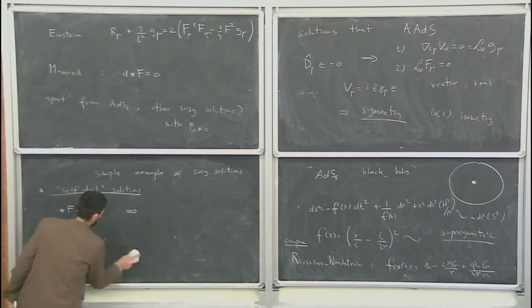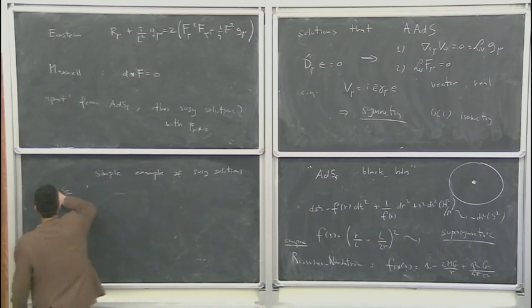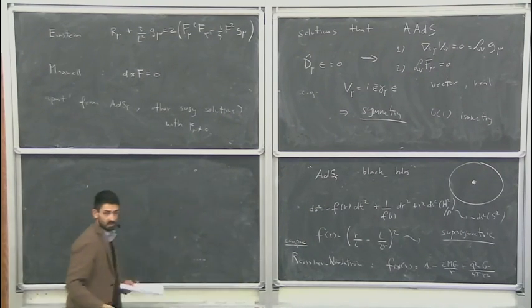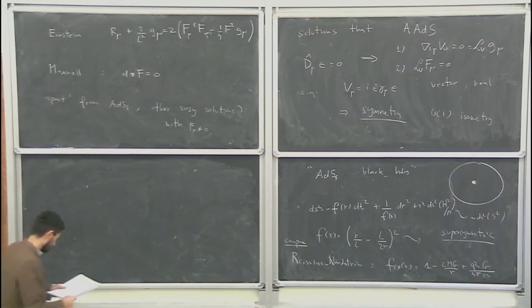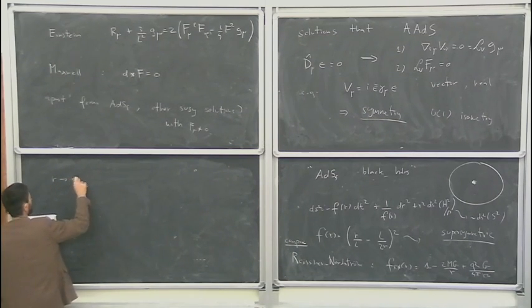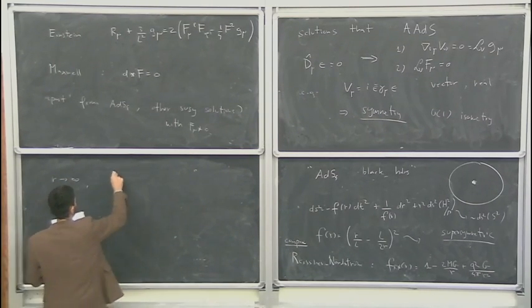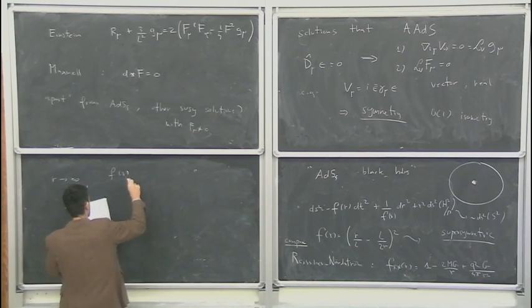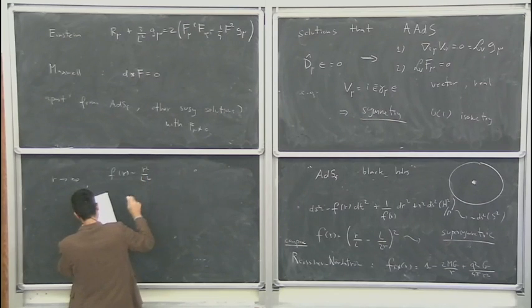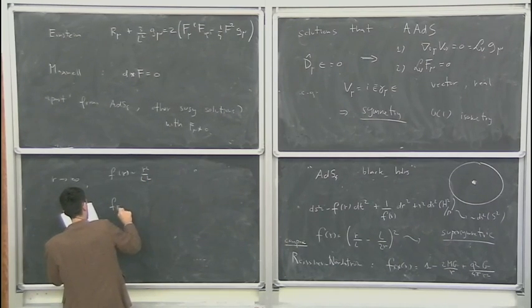And what are the physical differences? First of all, in general, the Reissner-Nordström metric does not preserve any supersymmetry. And moreover, for r going to infinity, the f that I wrote goes like r squared over l squared, whereas the Reissner-Nordström f goes like 1.